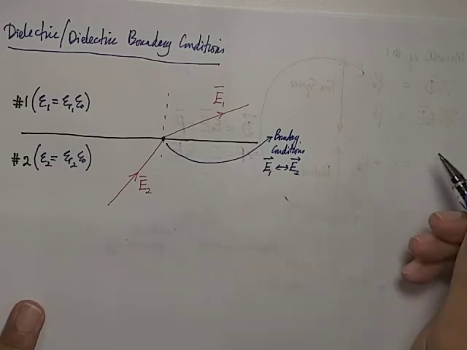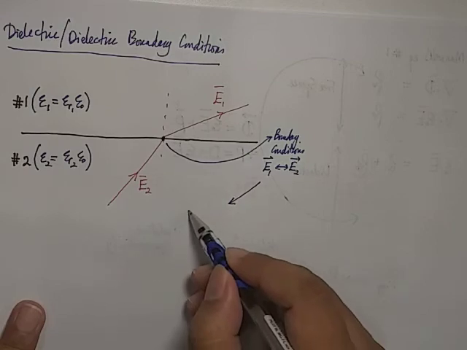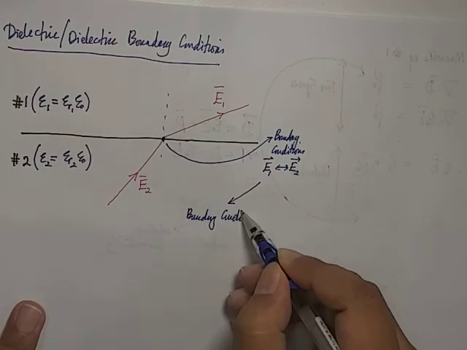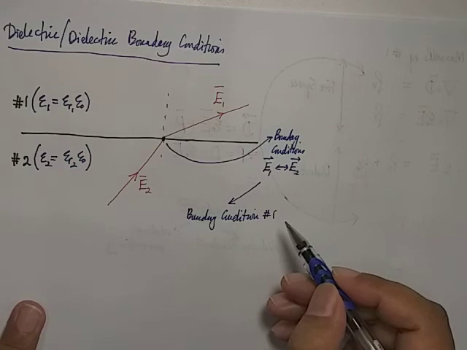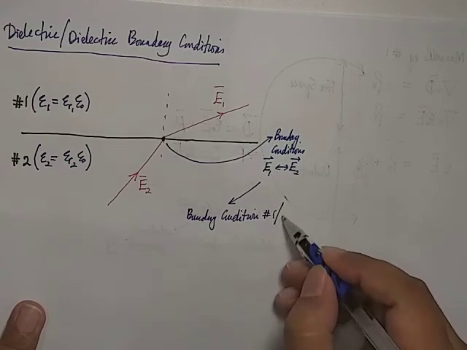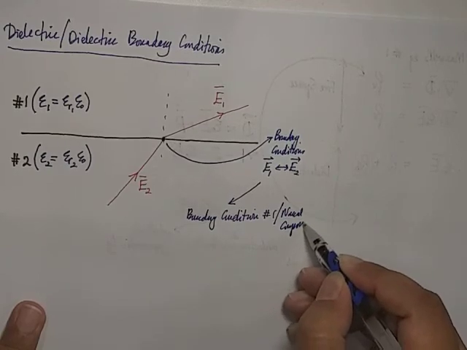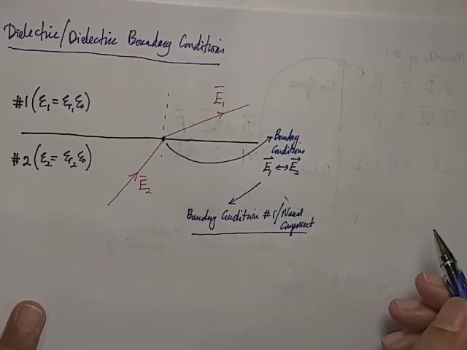Therefore, we're going to represent the boundary condition in two models. So remember the model that we developed before. The first model, we call boundary condition number 1, or we also denote that as the normal component. So remember, what should be our equation representing the first boundary condition?